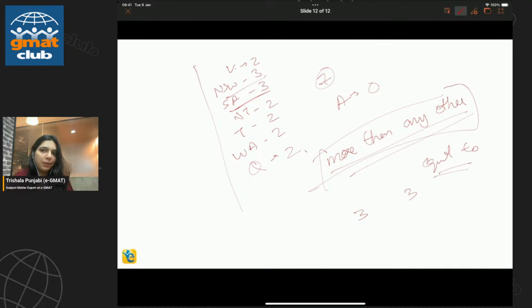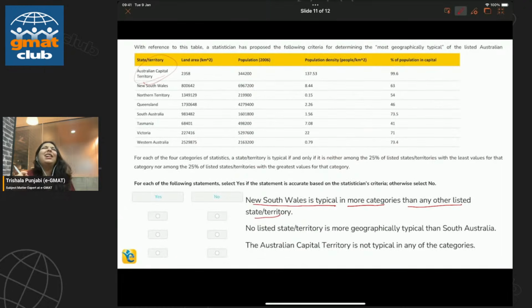It says more than, not more than or equal to. Again, this is a very small thing, but if you look at OG questions, these types will come up again and again, and these are the basic things they will test you on. So this is a no, it is not typical in more categories than any other listed state or territory. I hope this is clear to you guys.